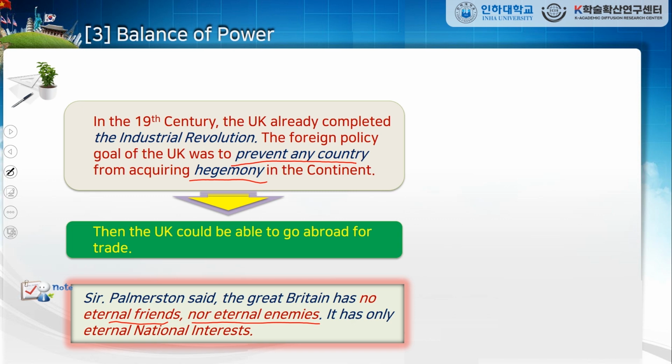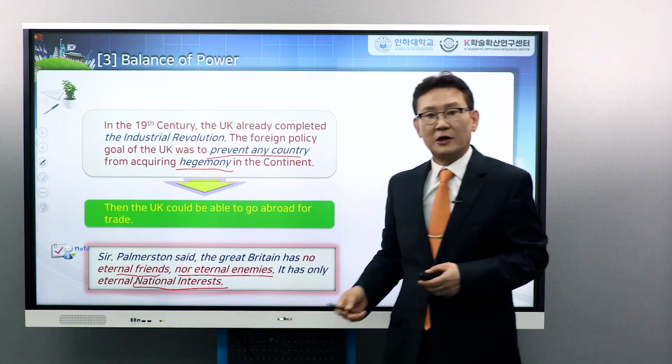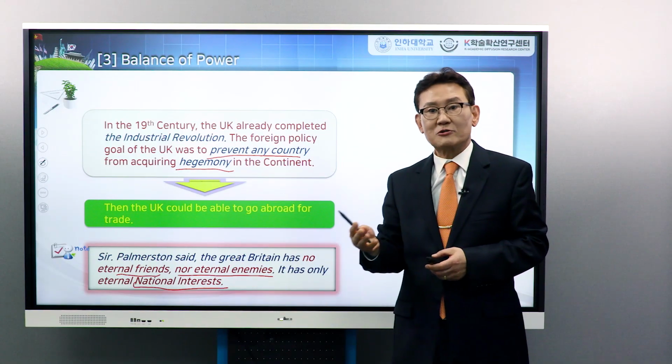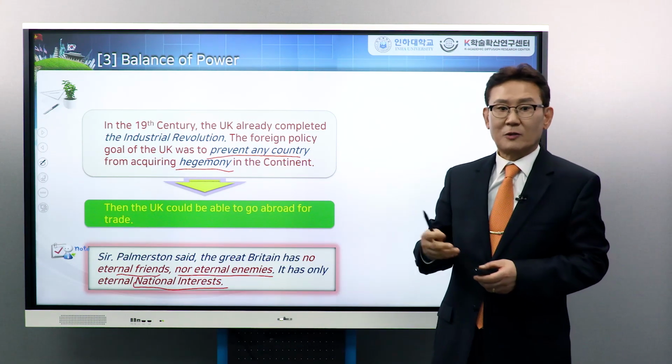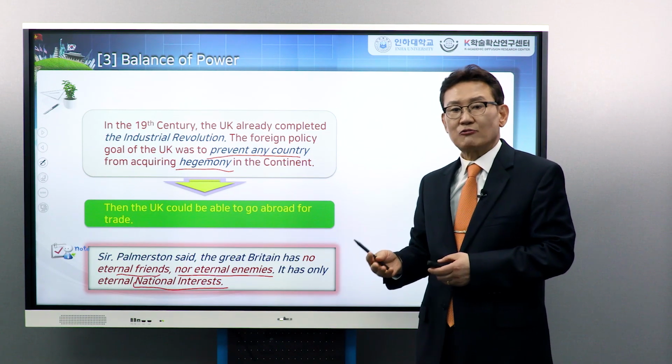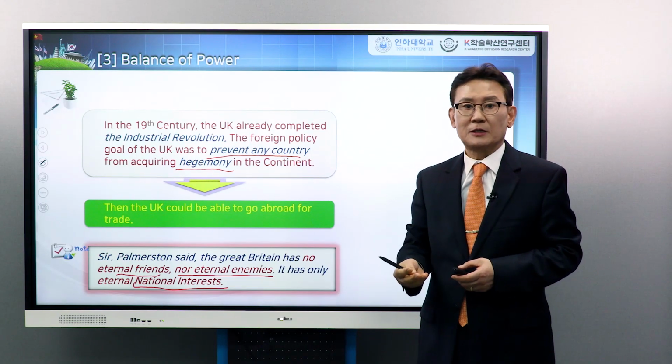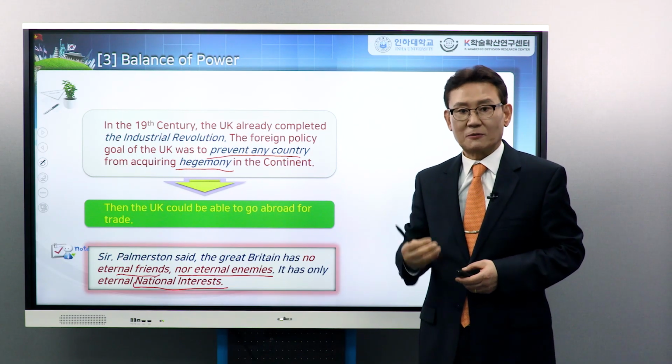It has only eternal national interests. Today's friend could be tomorrow's enemy, and today's enemy could be tomorrow's friend. It's the real scene of diplomacy in 19th century Europe.